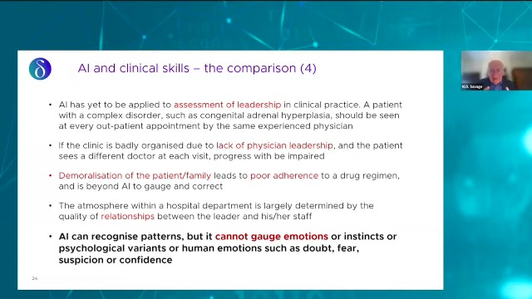And I think it's terribly important that the lack of leadership and organization in a clinic leads to poor adherence and poor patient care. So basically, AI can recognize patterns, but it cannot gauge emotions or instincts or psychological variants in human emotions, such as doubt, fear, suspicion, or confidence.